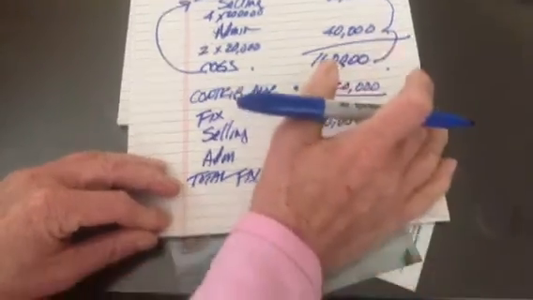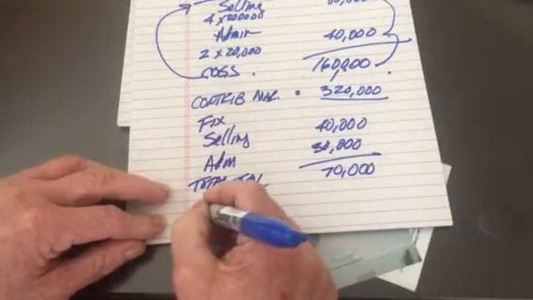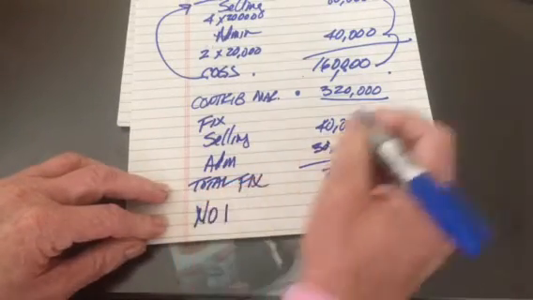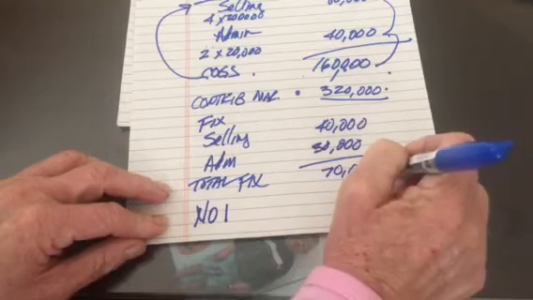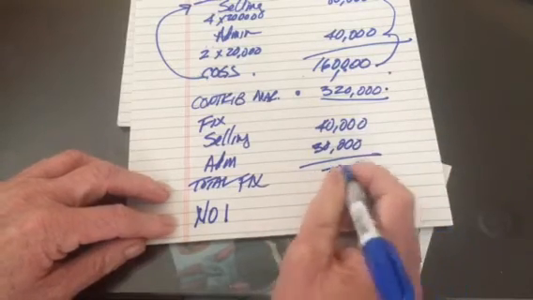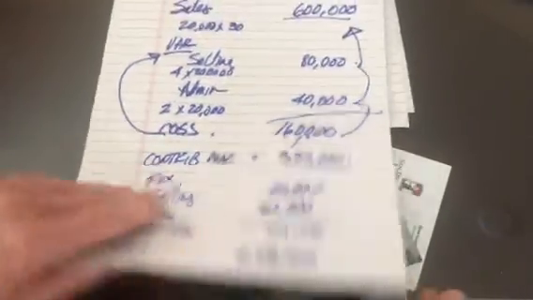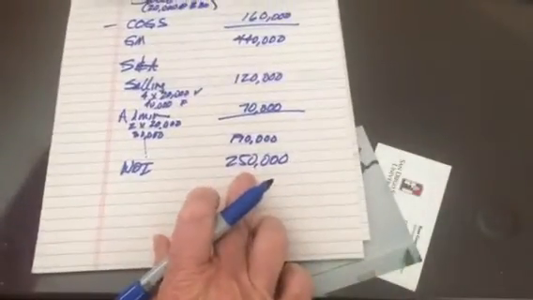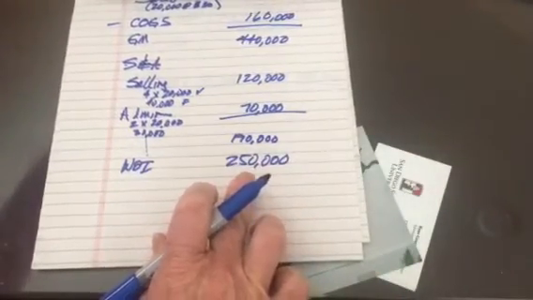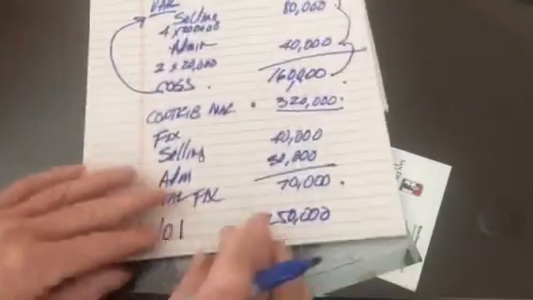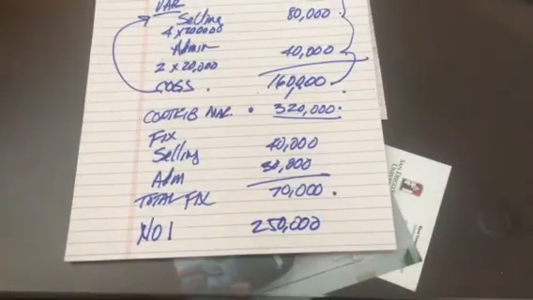And here's where things get really great: we have a total net operating income of our contribution margin less our fixed expenses that gives us 250, which, if you notice, is exactly what it was under the traditional. So that's how we solve the two income statements.